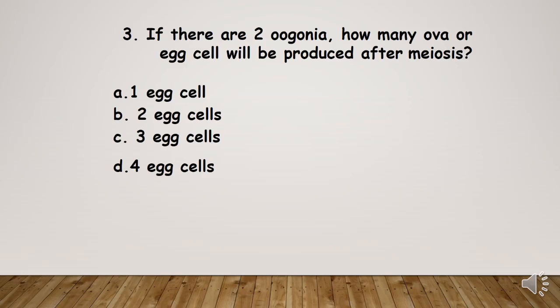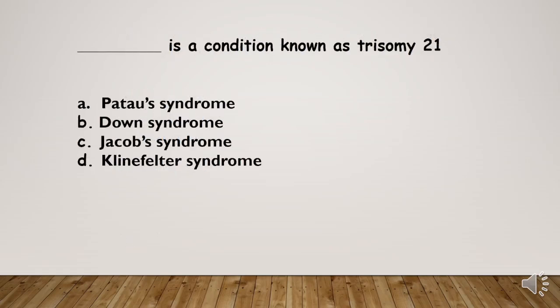Okay, let us see if you got the correct answer. The correct answer is letter B, 2 egg cells. Let us proceed. Okay, question number 4. Blank is a condition known as trisomy 21. Letter A, is it a Patau syndrome? Letter B, a Down syndrome.